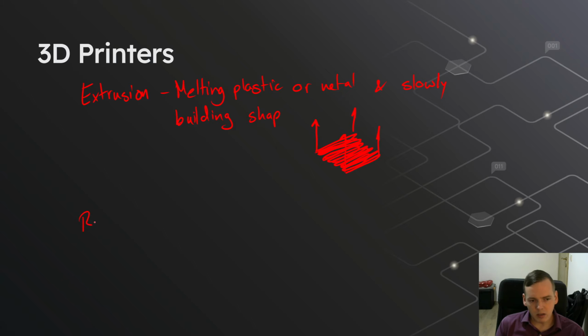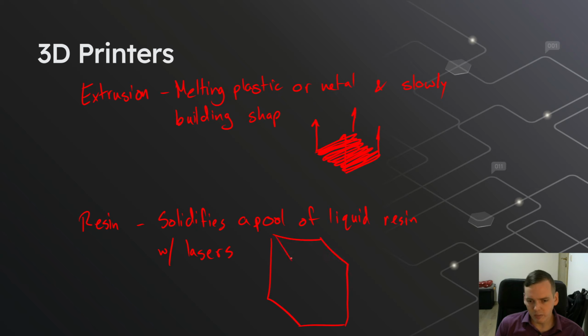The other technology is resin, which solidifies a pool of liquid resin with lasers. So you can imagine in this case you've got a pool or a bucket with a bunch of liquid in it.